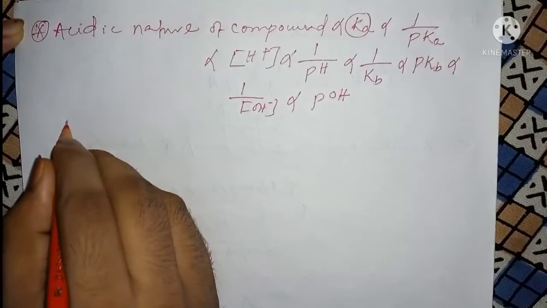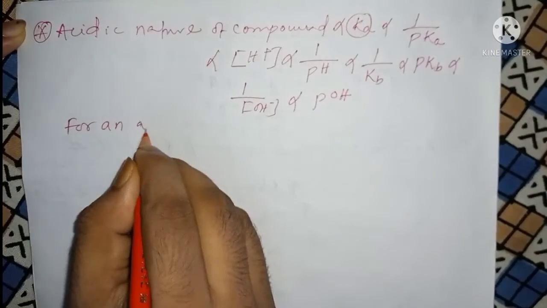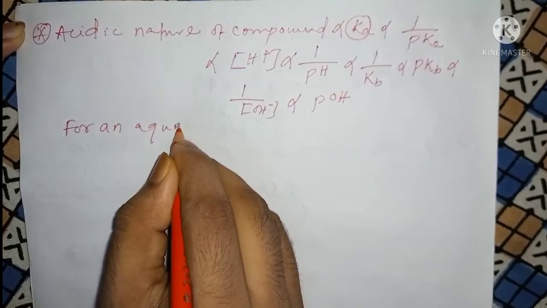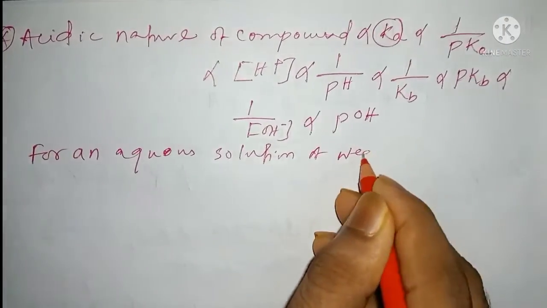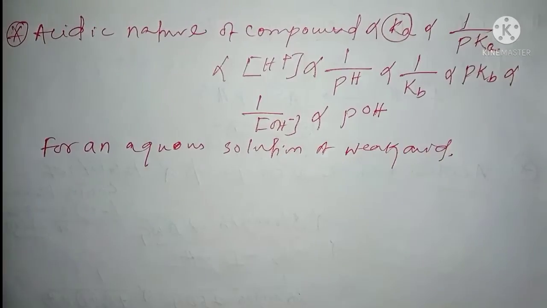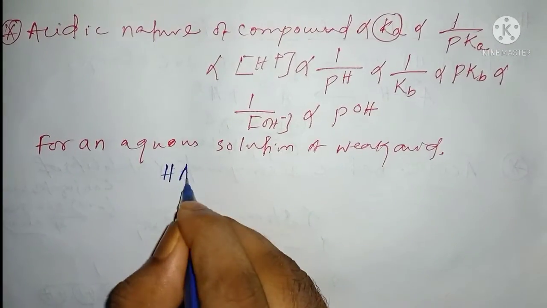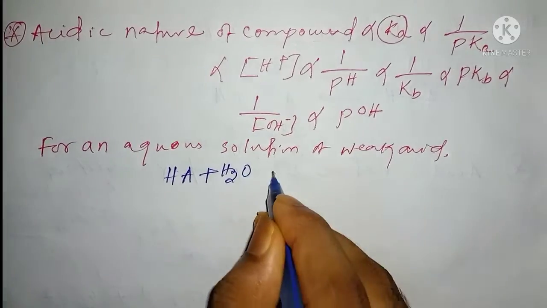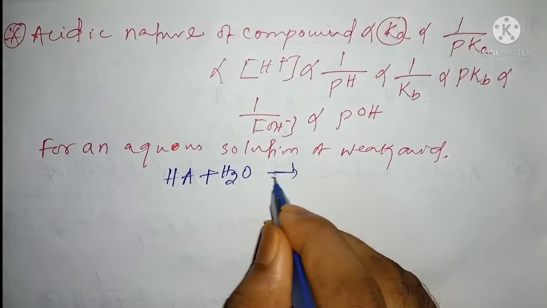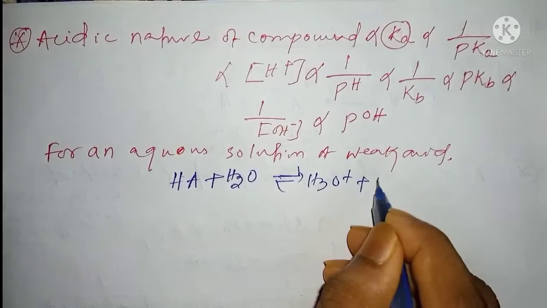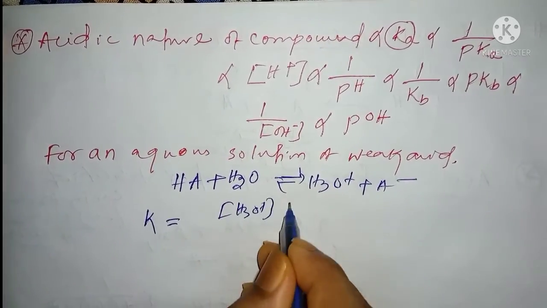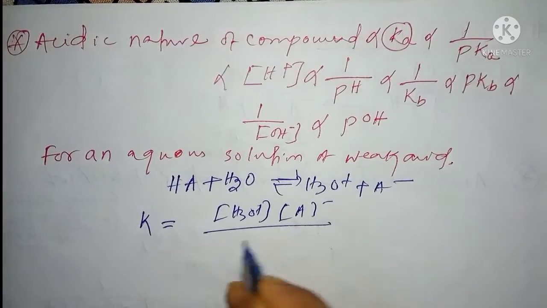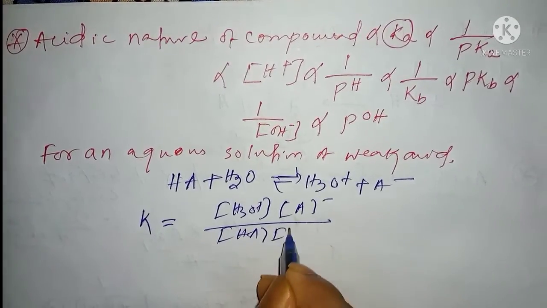Now what is Ka? For an aqueous solution of weak acid, suppose HA reacts with water, this forms H3O plus and A minus. So K equal to H3O plus concentration into A minus concentration by HA into H2O.